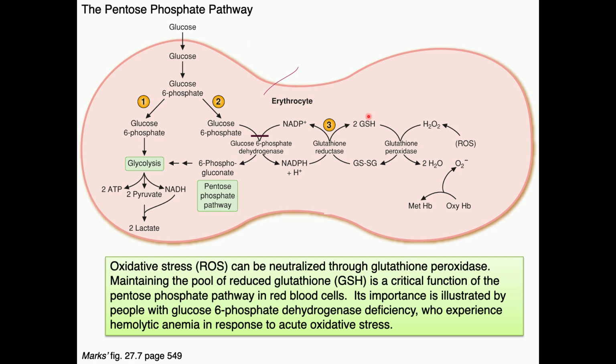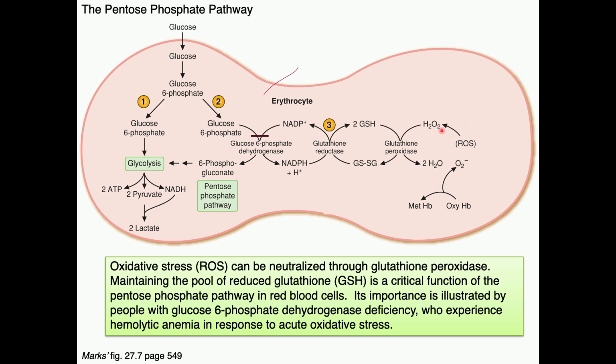Okay, so the elimination of this hydrogen peroxide is dependent on some fraction of the carbohydrate that's entering the red blood cell being diverted through the pentose phosphate pathway.